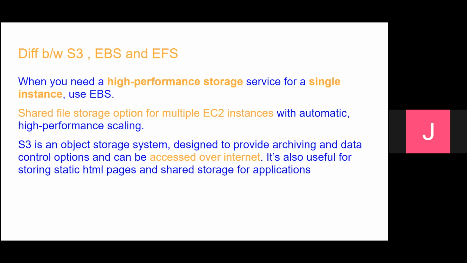But if you want a file system which needs to be shared across multiple EC2 instances, in that case you'll choose EFS. Whenever you have to share between 2, 3 applications, you have to ensure about the concurrency and dirty reads, all those things.